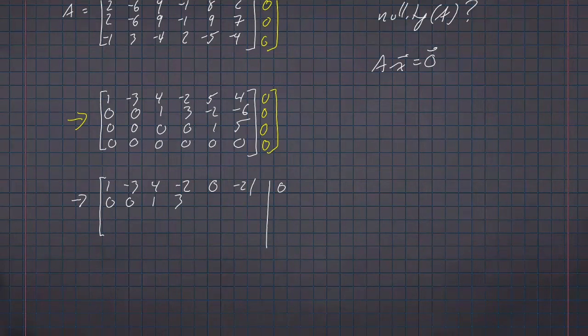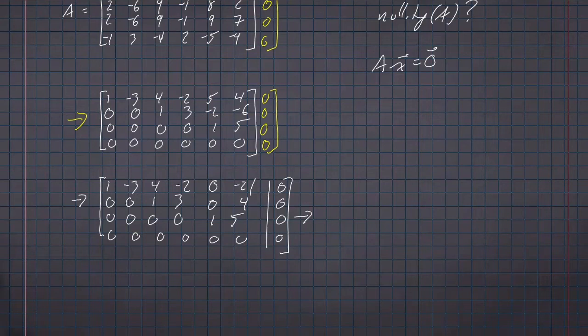Negative 2 plus 1 times 2 is 0. Negative 6 plus 2 times 5 is negative 6 plus 10, which is 4. The last two rows are boring.